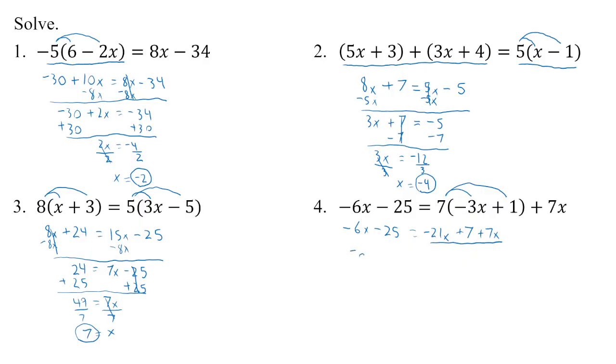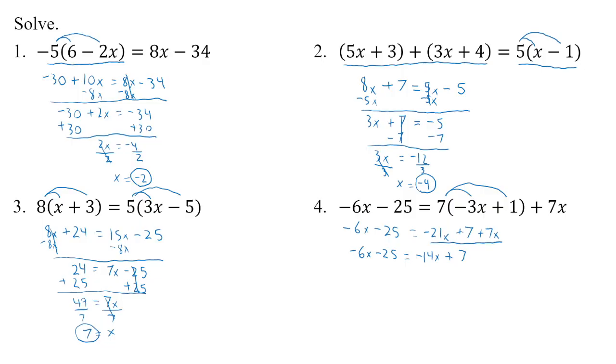So you're going to bring down negative 6x minus 25. And here we're going to combine our like terms. We got negative 21x plus 7x is negative 14x. Bring down your plus 7.